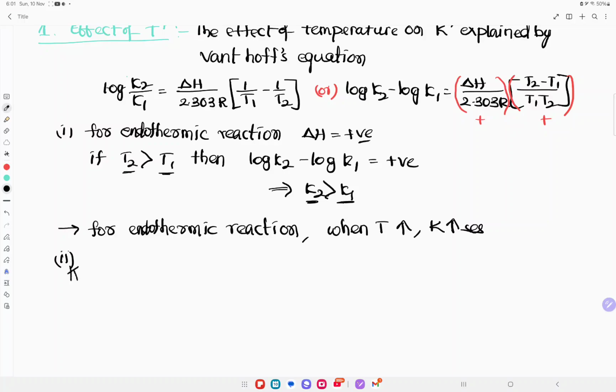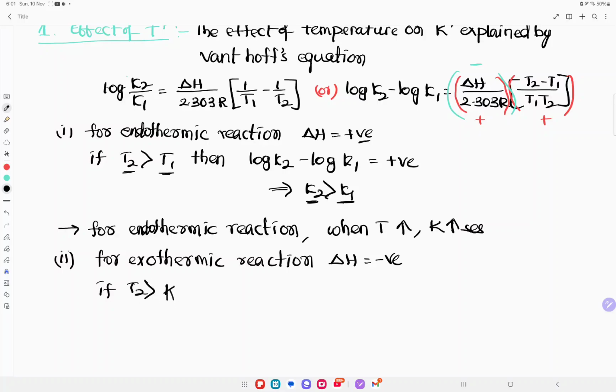Now case 2, for exothermic reaction, delta H is negative. Delta H negative means this term becomes negative. And if T2 is greater than T1, this term becomes positive.